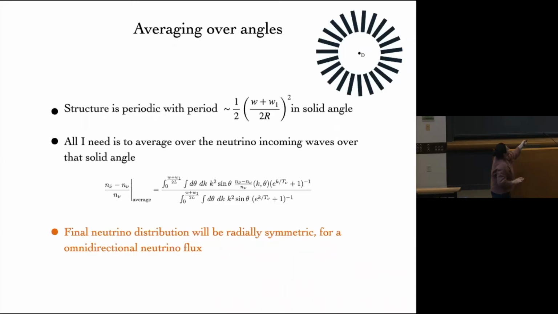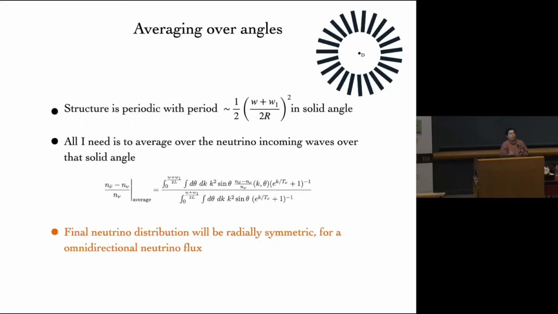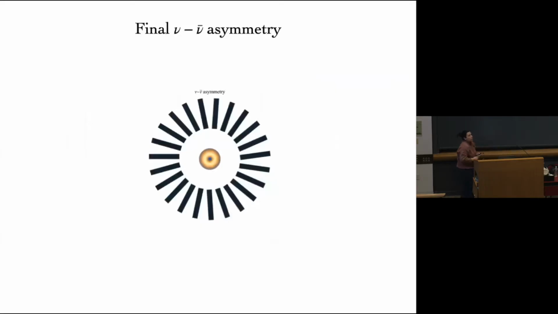So what you end up with is a final neutrino distribution that is radially symmetric if there is an omnidirectional neutrino flux. Okay? We're all good here? Did I go too fast? No. Okay, good. So this is how the final thing looks.